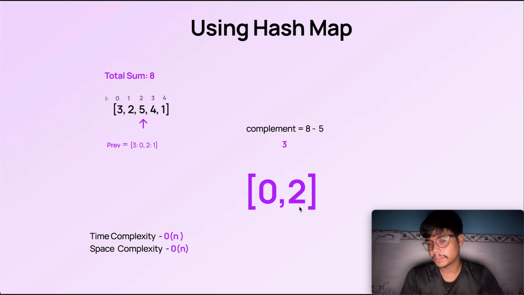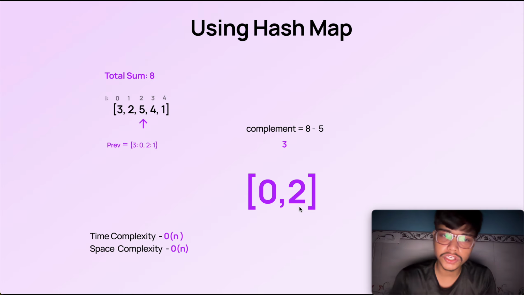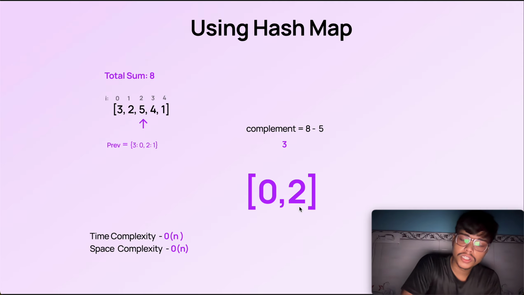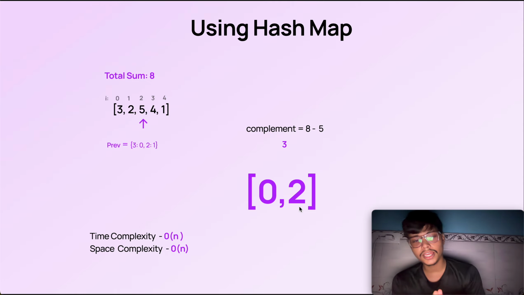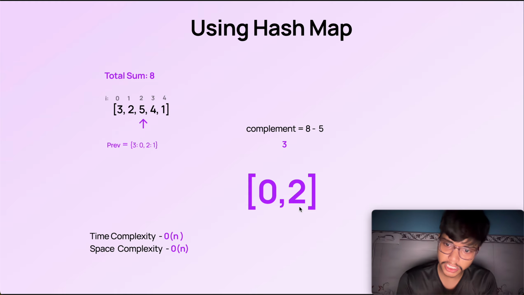The space complexity is increased a little bit because we are creating a hash map and storing values. So the space complexity will be O(n). Space complexity is increased a little bit, but linear complexity is always optimized, right?